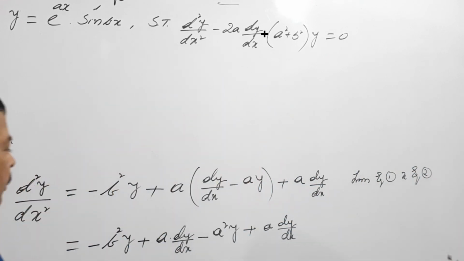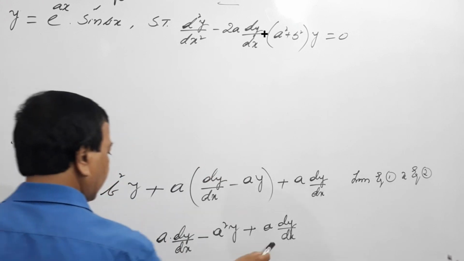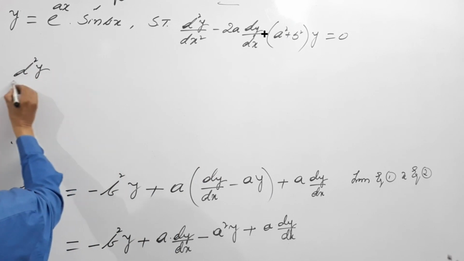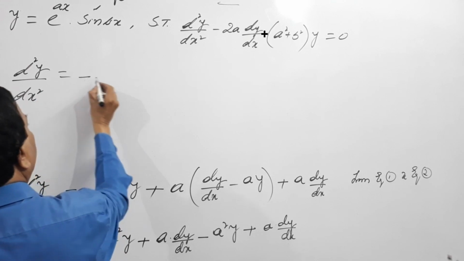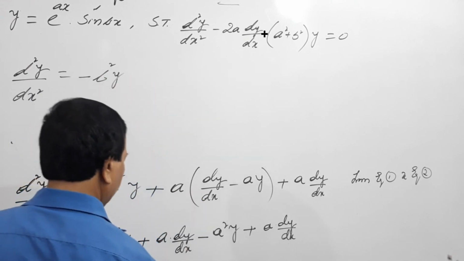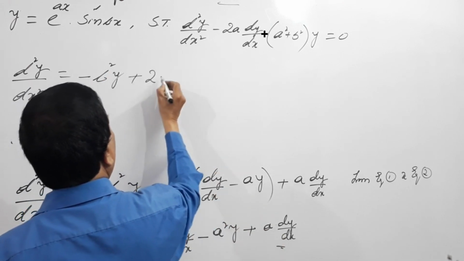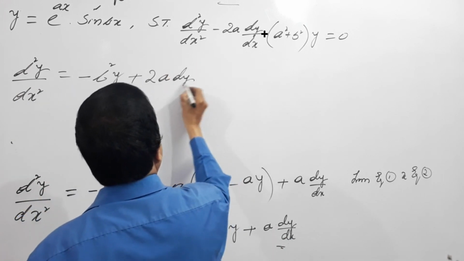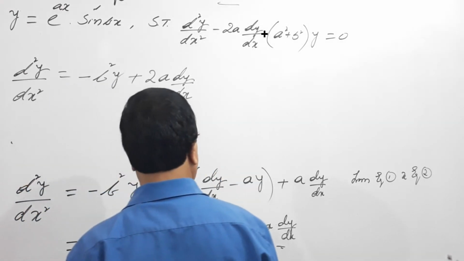So what he wants? 2a. So we'll add this. So d square y by dx square equals minus b square y, plus a dy by dx, and this becomes 2 plus 2a dy by dx, left with what?